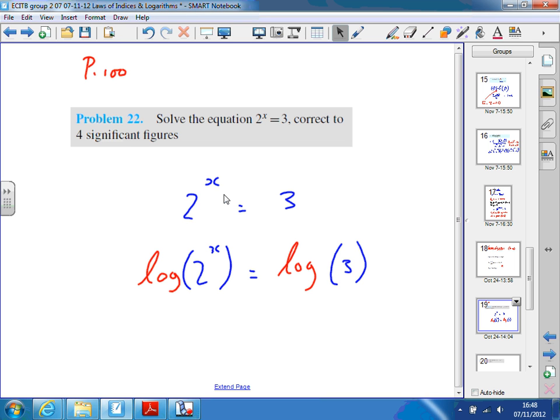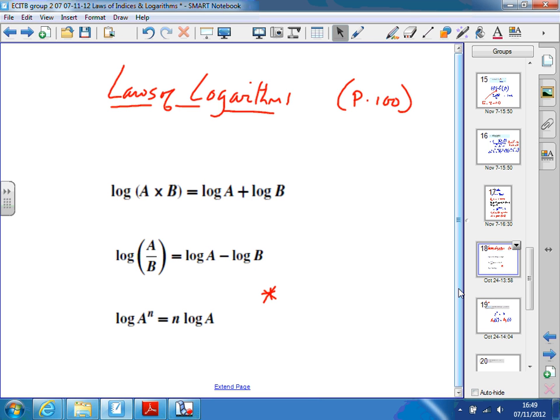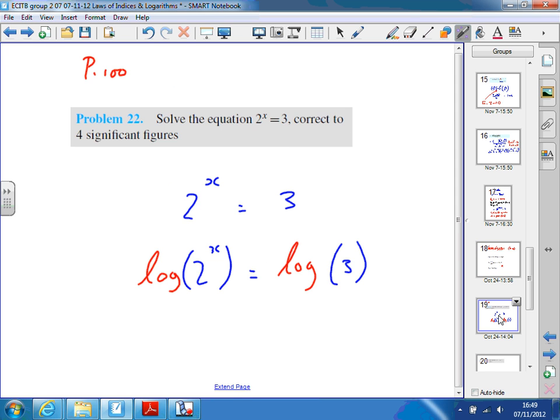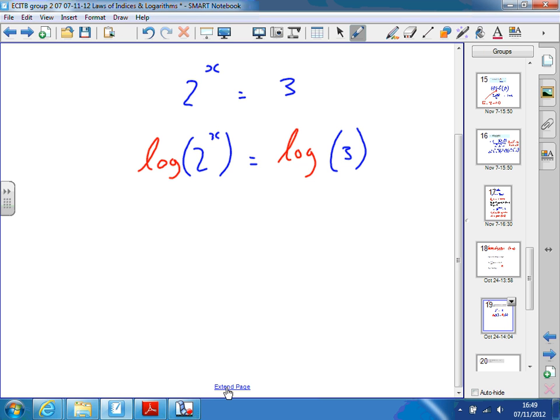So the base is 10. Logarithm of 2 to the x equals the logarithm of 3. And now we can use this third law, which says that that n, which is in the power here, can come down and become a multiply. So I can get my unknown, which was in the power, down, and it becomes a multiply. So in other words, x times the logarithm of 2 equals the logarithm of 3.